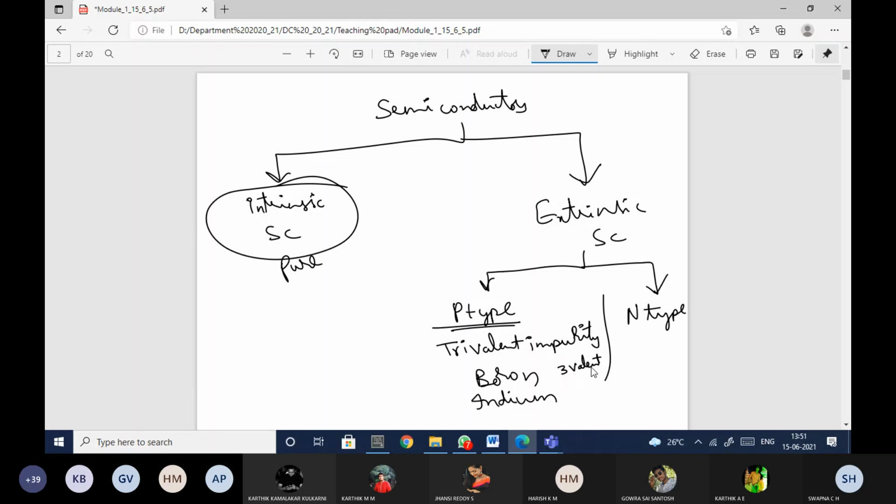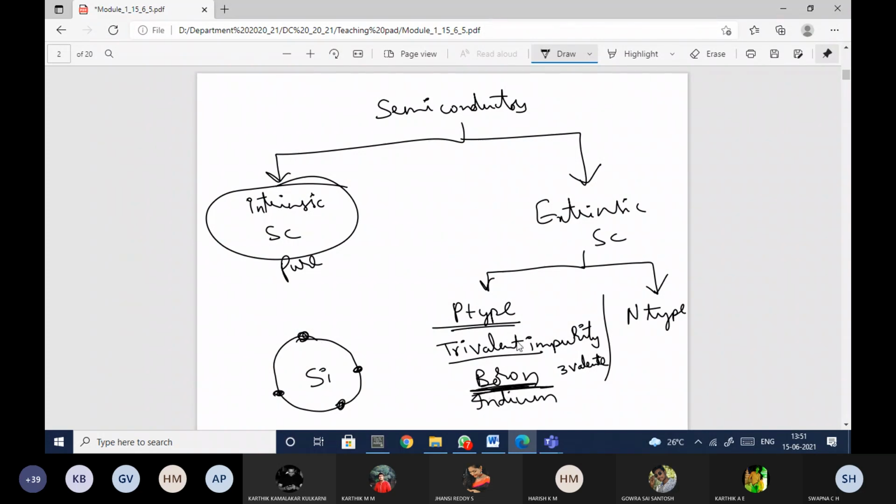So these trivalent atoms are added to the pure semiconductor as an impurity. As I've already mentioned, the outermost shell of silicon consists of 4 valence electrons, so to fill it, it needs 4 more electrons. But what we are doing is adding a trivalent impurity, whose outermost shell consists of only 3 electrons.